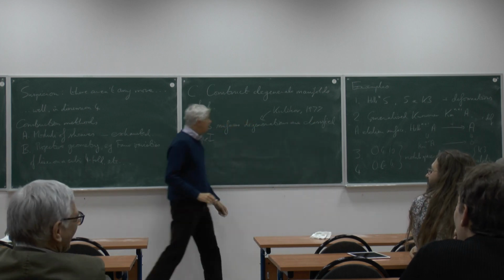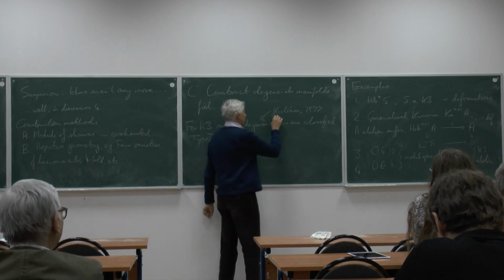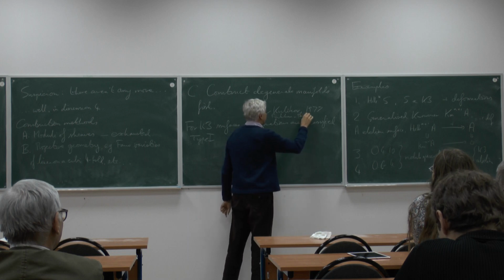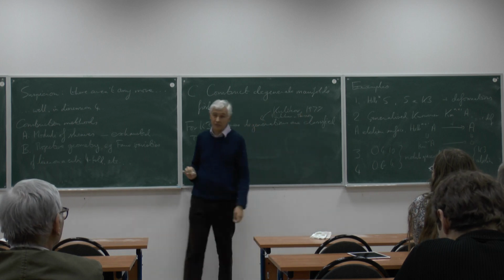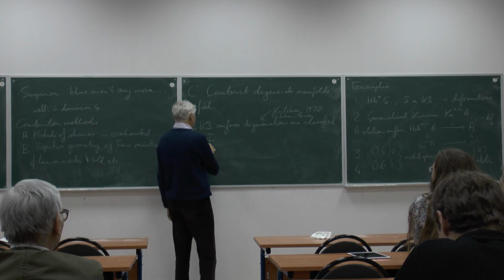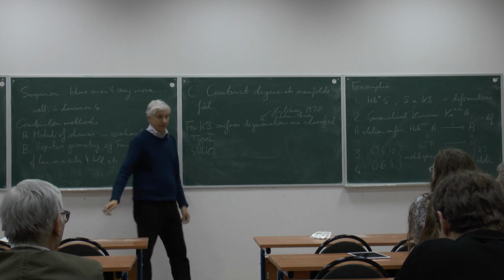So this was the Kulikov, and then also there's Pinkham and perhaps Tyler, some parts and bits and things. And so type 1 essentially means still a K3 surface.